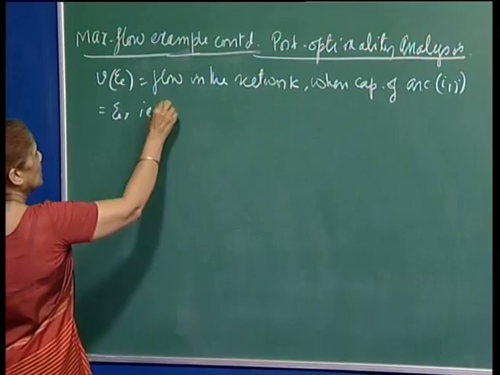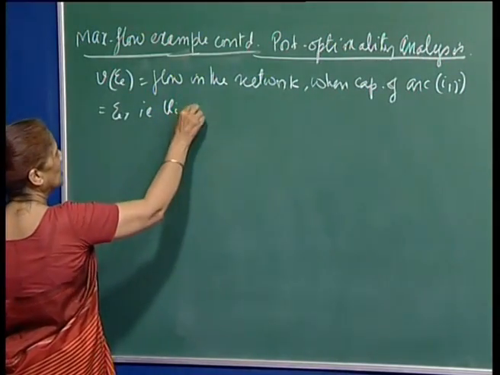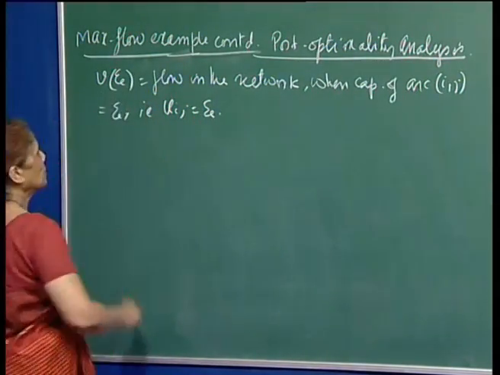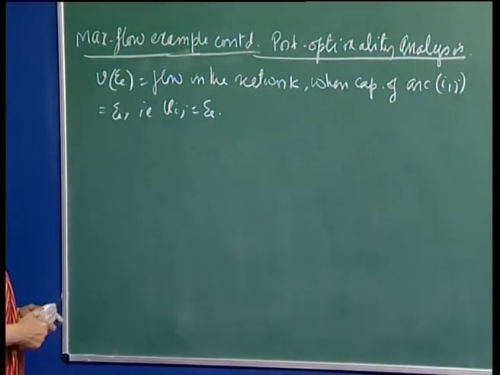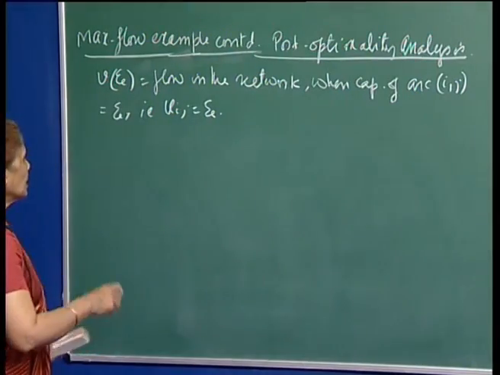That is, I am saying that I am considering the case when uij is equal to psi. So, this is my notation, that V psi is the flow in the network when the capacity of arc ij is psi. Okay.